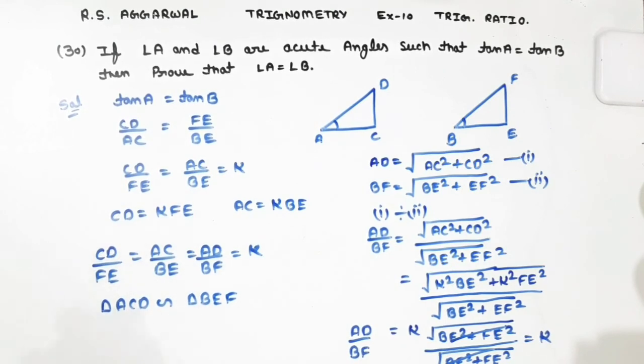Since these two triangles are similar, angle A will be equal to angle B. Hence proved.